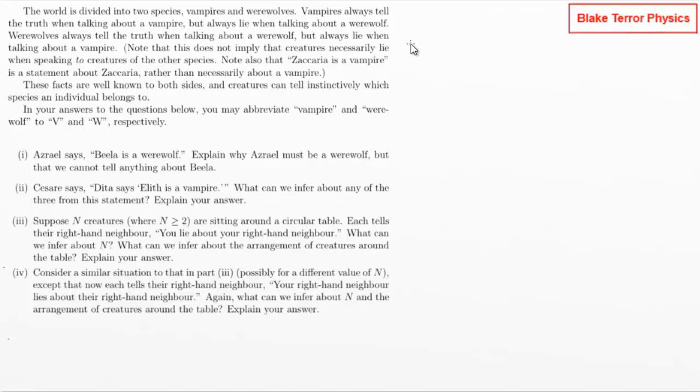Right, let's set up a bit of a table then. So A, B, C, D, E, F, G, H. Let's go up to H. Let's have 8 of them for starters. Right, we've got a lot of permutations here, and they're talking about 2 along. So this would be A talking to B about C. So say A was a vampire, or maybe it would be a werewolf.